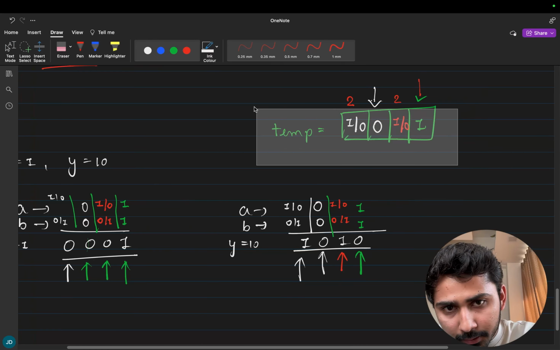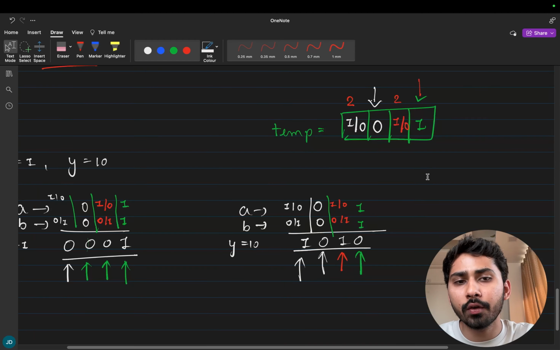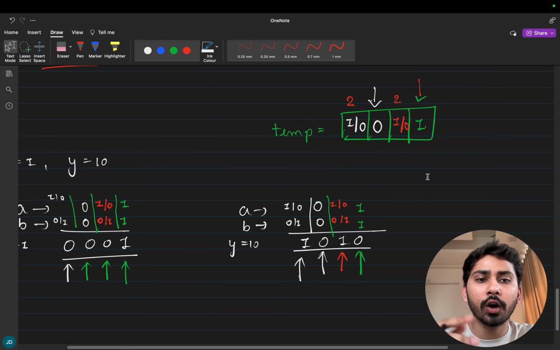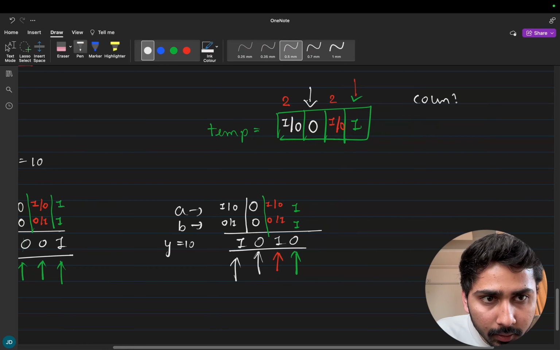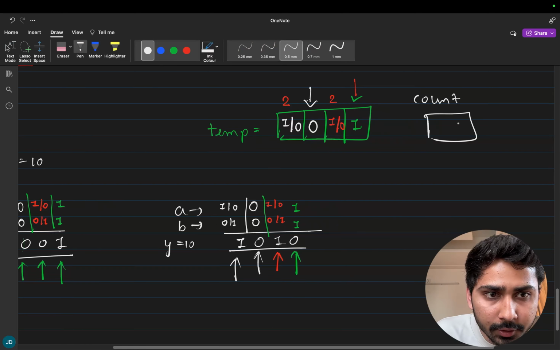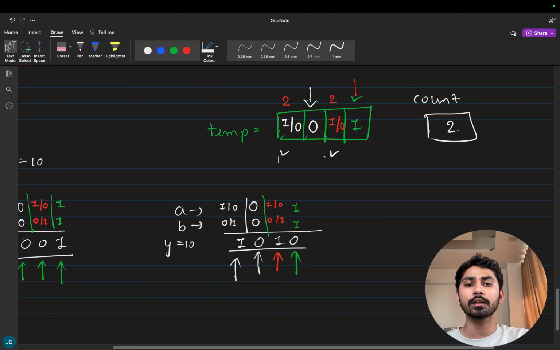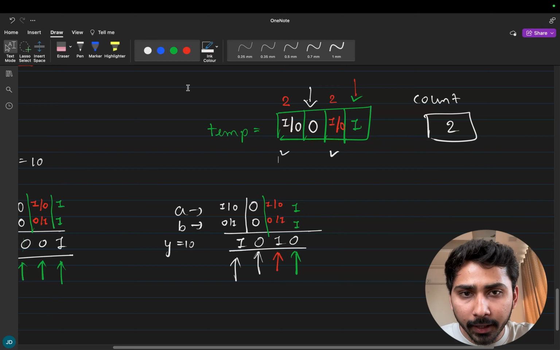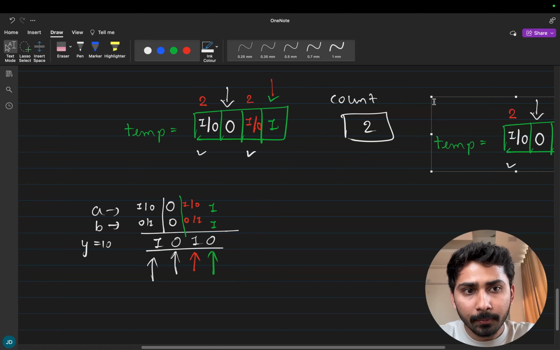Here you are supposed to find the positions where you can have either a 0 or a 1. The count of such positions in this temporary representation is 2. There are 2 positions where you can have either a 0 or a 1. So how many different numbers can you generate with the help of this?